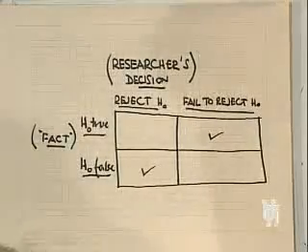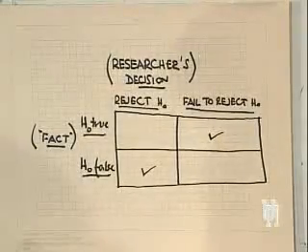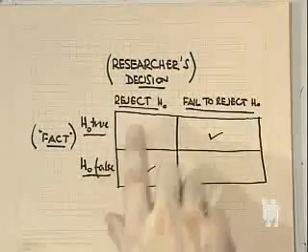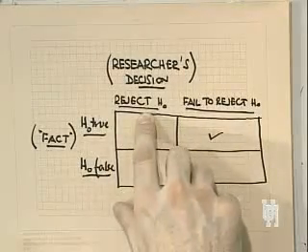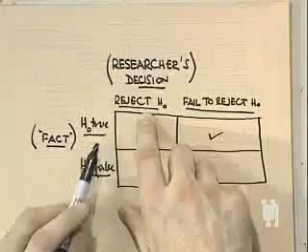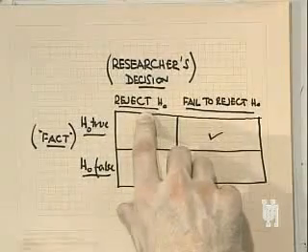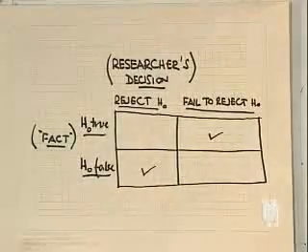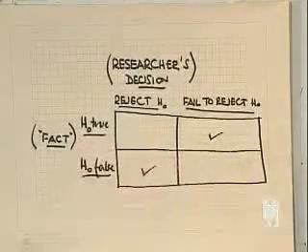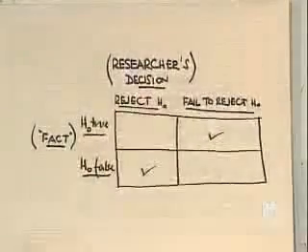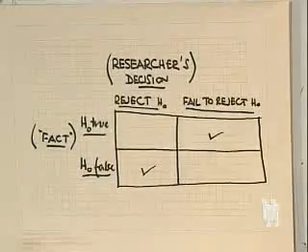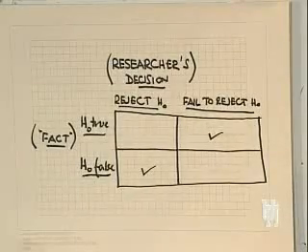That is, the jury is returning a verdict of guilty when it rejects the null hypothesis. But if the null hypothesis is true, the defendant didn't commit the crime. So the courtroom analog to this situation is one of a false verdict of guilty.